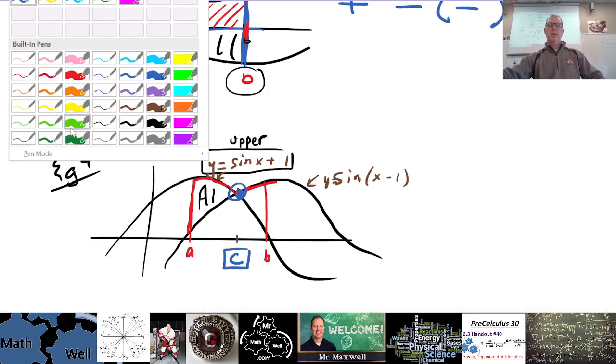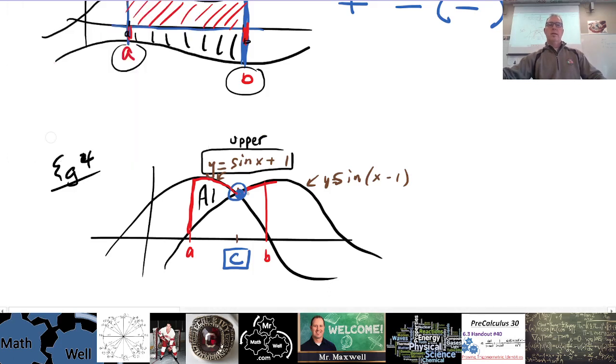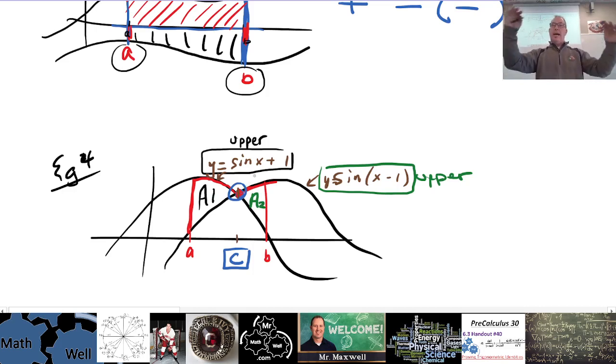And I'll use a different color here, like dark green. So area 2, this one, you see now this graph is the upper function, you see? So you're going to have to do kind of two separate questions at once if they overlap and get crazy like that. So that's probably the most difficult one that you'll see, but we need to be prepared for it.